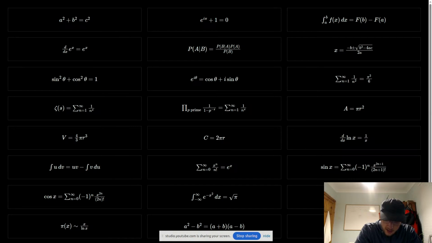The other case to consider is a regular polygon of n sides circumscribing a circle of radius r. In that case, the area is nr squared times tan of pi over n.